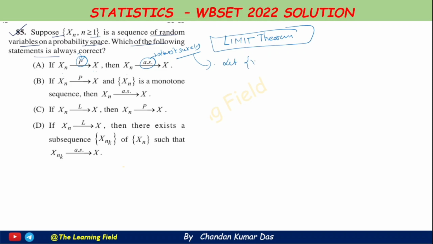Let Xn be a sequence of random variables. Now the definition of almost sure convergence is that, suppose this is a variable omega, such that the random variable Xn(omega) tends to X(omega) as n tends to infinity, and this convergence has probability equal to 1.